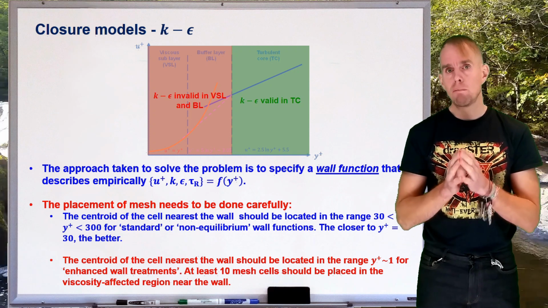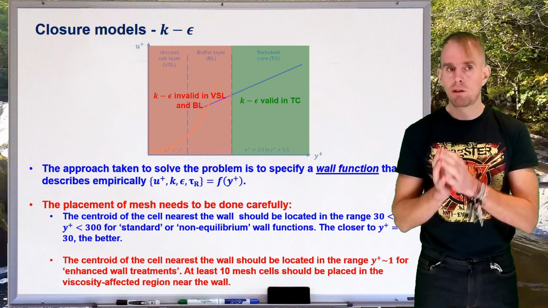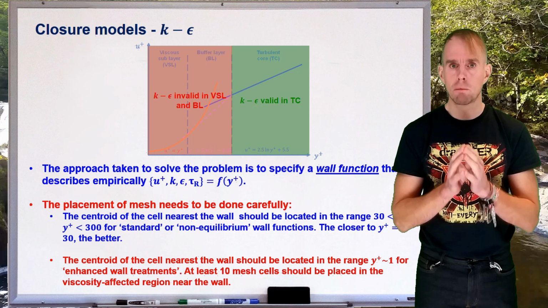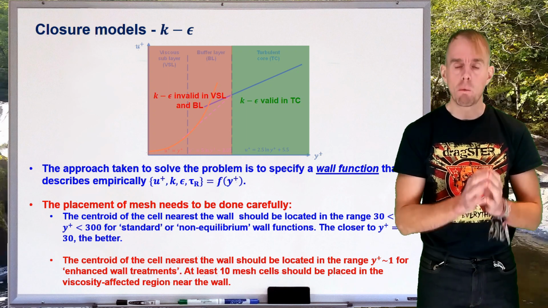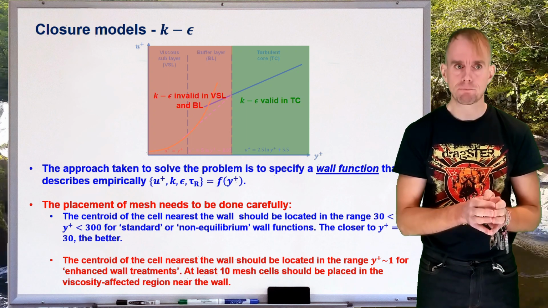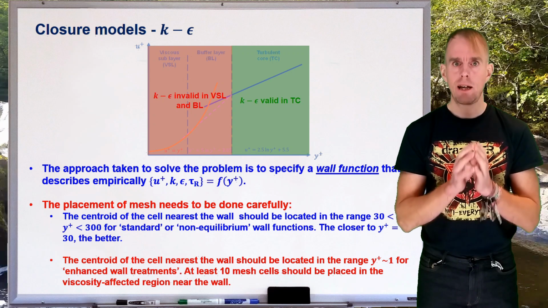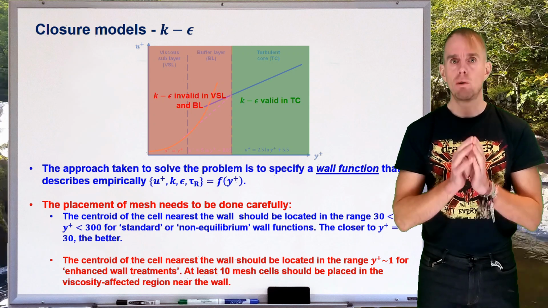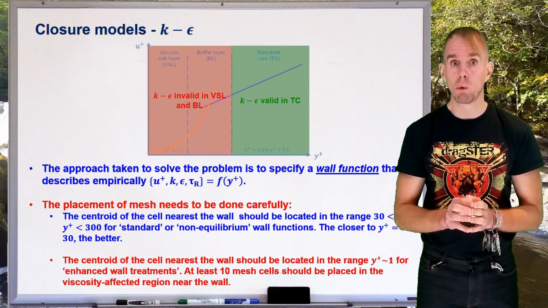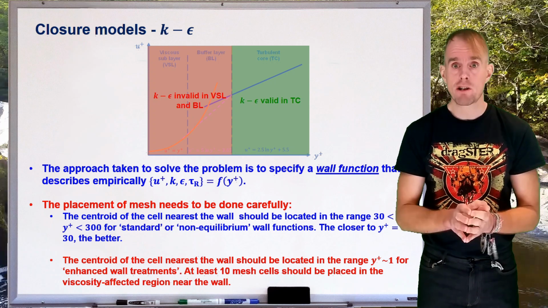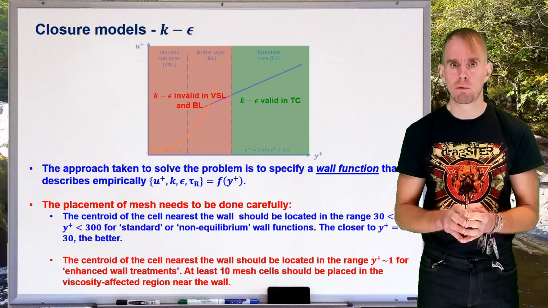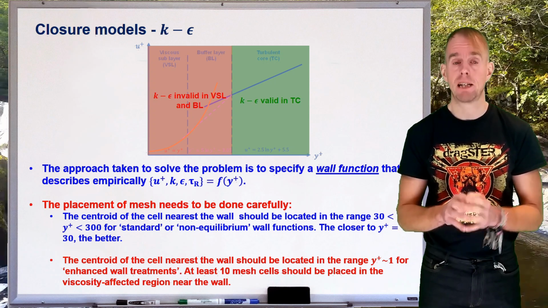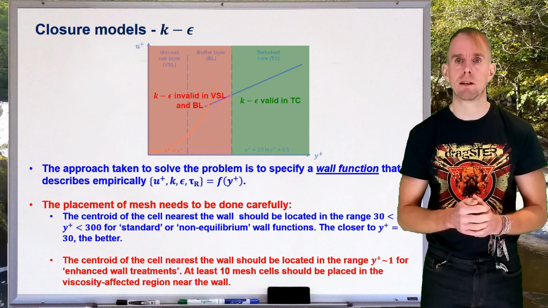So you need to design your mesh specific to the type of approximate wall physics that you're using when you use the k-epsilon model. So the major take-home is that k-epsilon cannot be used up to the wall. You need to introduce something else called a wall function, and that your mesh design should reflect the type of wall function that you specify. Again, I'll give you an example of this in the final part of this lecture.